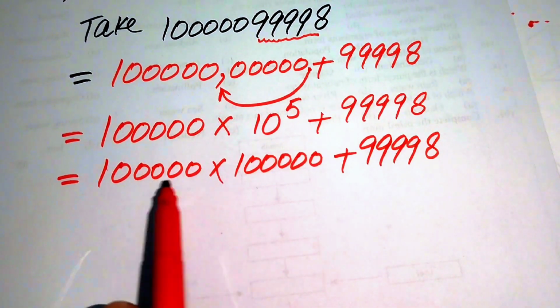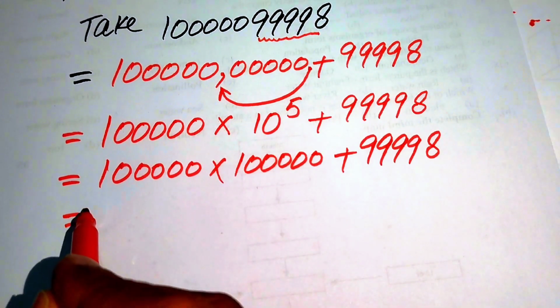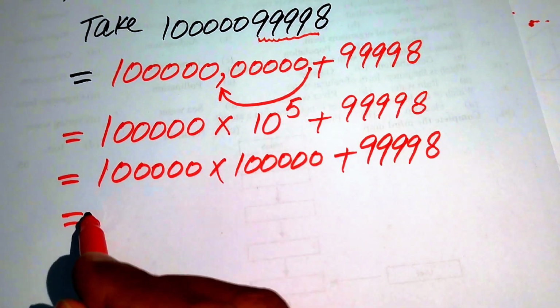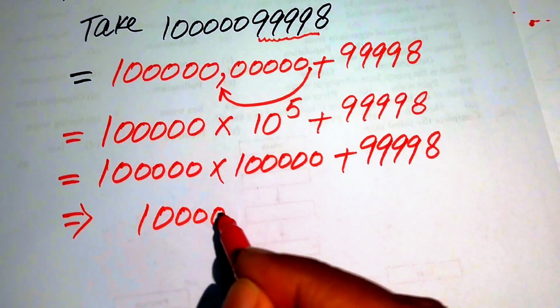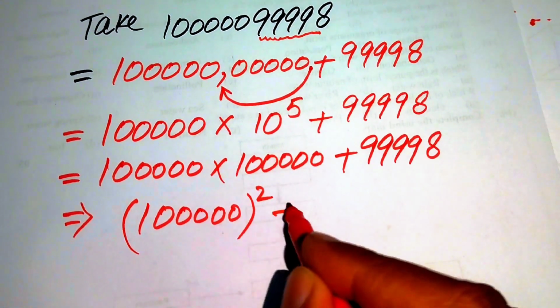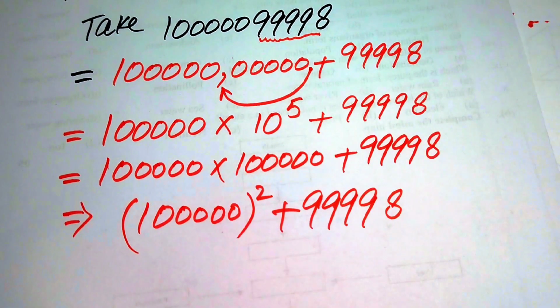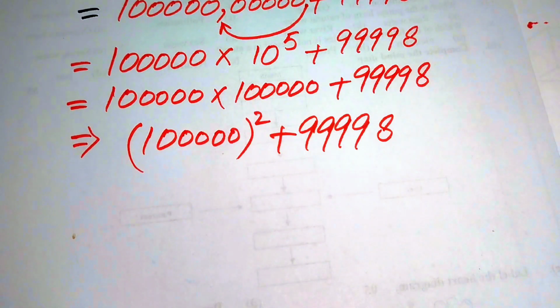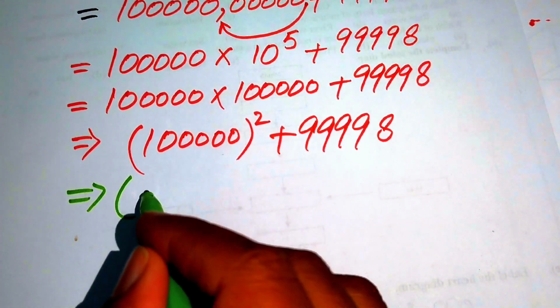Here you see this number becomes the same number, so when we multiply the same number, it equals 1 0 0 0 0 and 0 whole squared. It becomes the square of this number, and we have plus 9999 into 8.